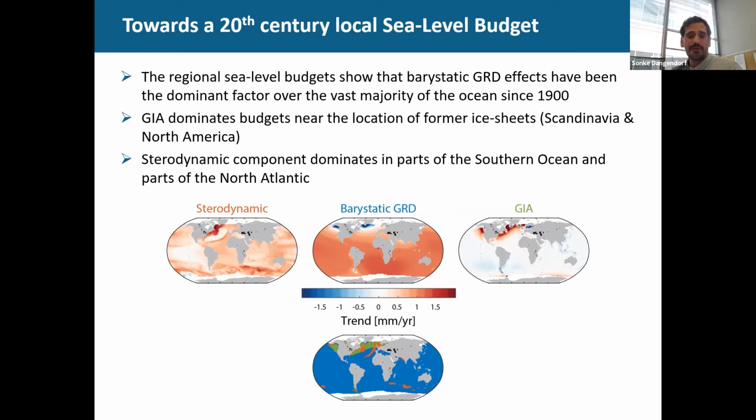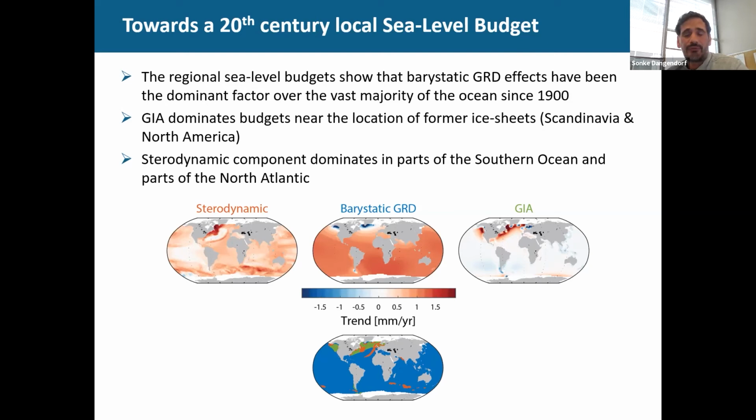The lower map shows, for every location in the world's ocean, which of the three contributions has been the dominant contribution at that specific location. Blue dots correspond to the barystatic sea level change, red dots to the stereodynamic sea level change, and green dots to the GIA signals.